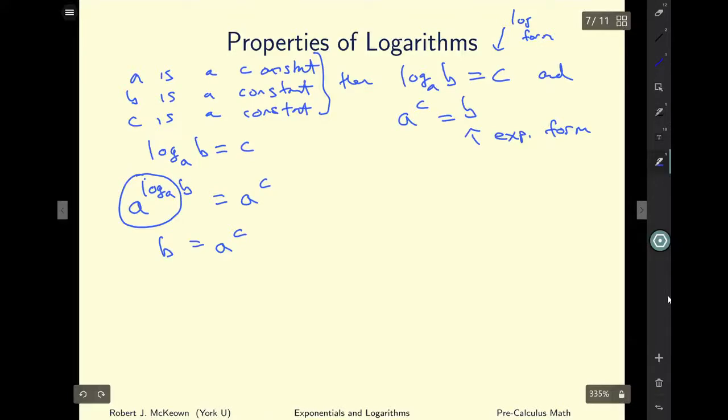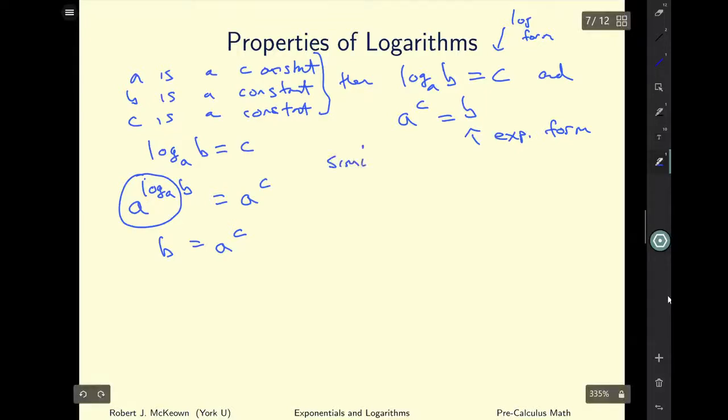So we can move back and forth between the logarithm equation and the exponential equation by transforming the expressions in this manner.